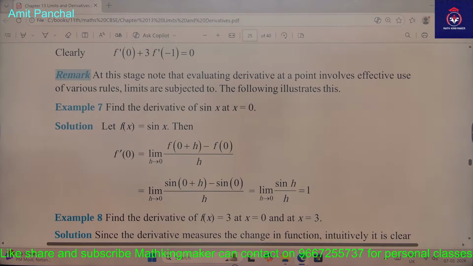Sir, because it's a constant, it will be this. If f of x is 3, then f of x plus h is also 3 only. Sir, is it 0?